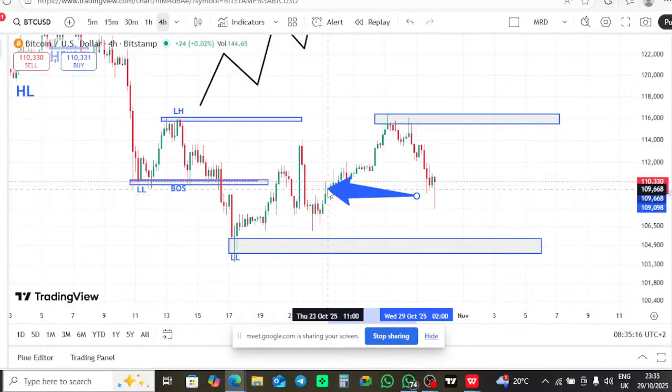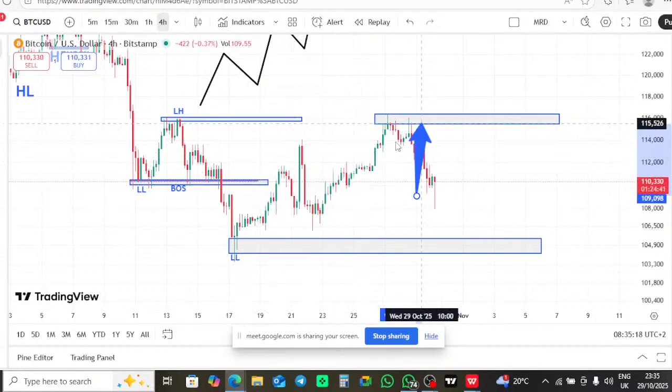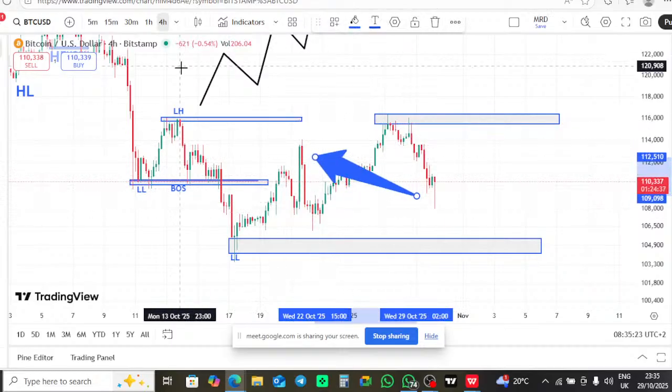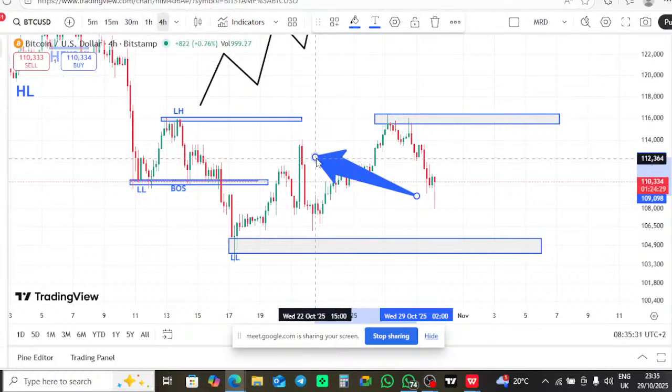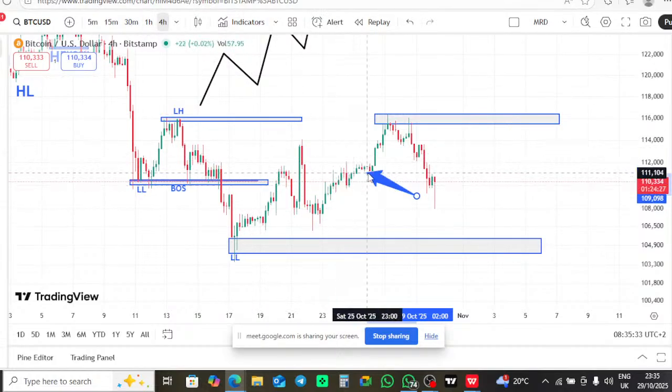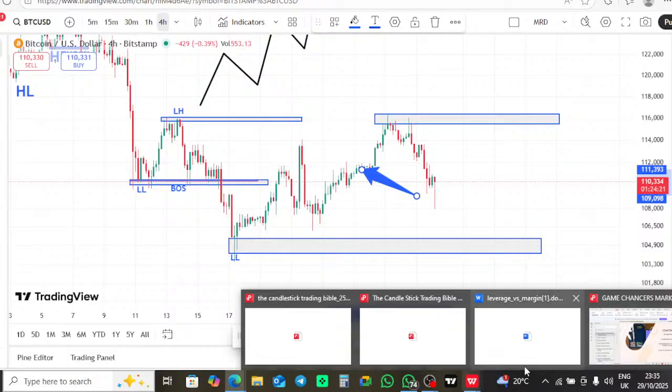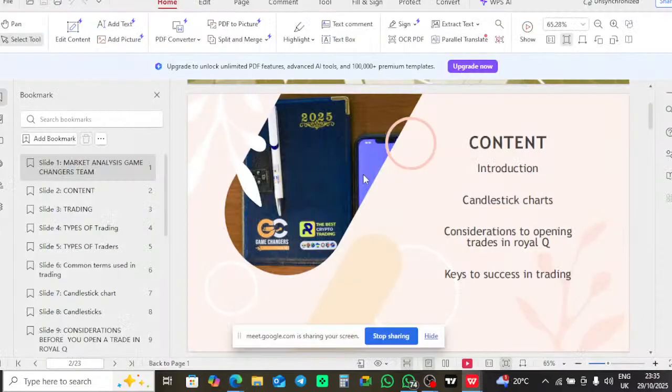And each candlestick you are seeing here is now representing 4 hours, because I'm on the 4 hours chart. If you go to the 1 hour chart, it means each candle that you will see here will be representing 1 hour. Are we together? So if we talk about candlesticks, don't get lost. Those are the candlesticks we are talking about.